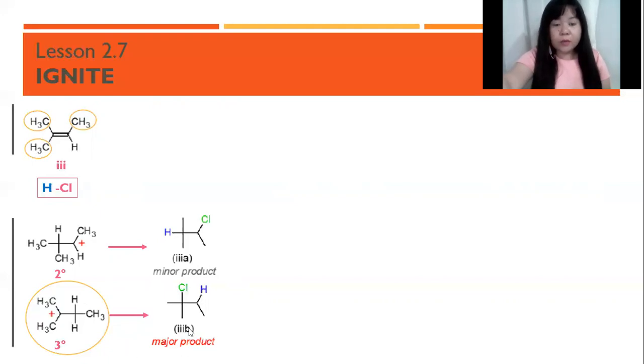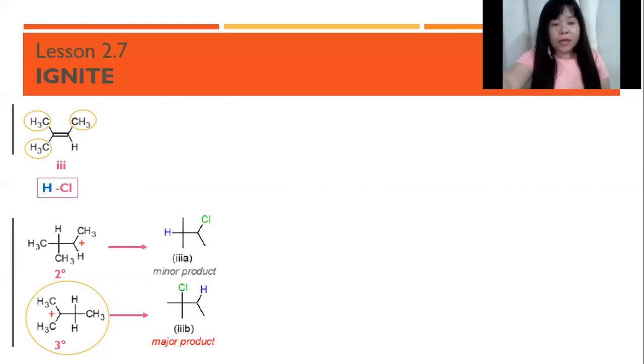Again, this product comes from the carbocation formed from H plus following Markovnikov's rule, attaching itself to the less substituted carbon. Thus, as a consequence, the positive charge has assigned itself to the more substituted carbon, producing a tertiary carbocation, which is the most stable type of carbocation.